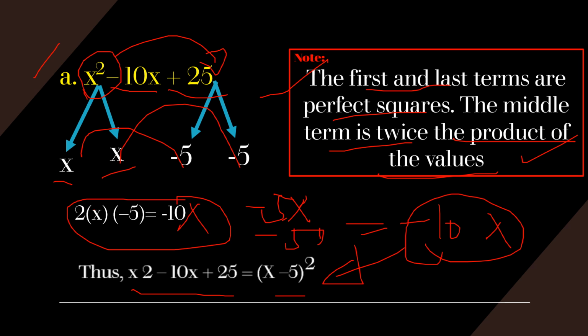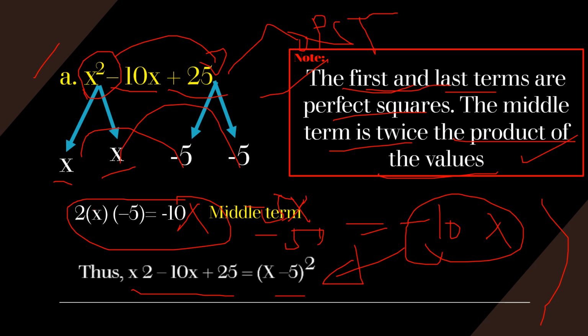Okay, again, the given trinomial x squared minus 10x plus 25 is an example of a perfect square trinomial because it meets the criteria for both the first and the last terms being perfect squares and the middle term twice the product of their square roots.